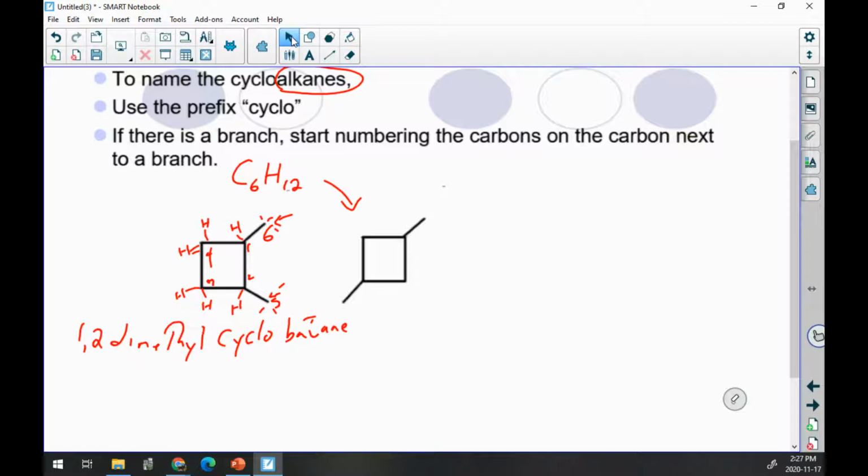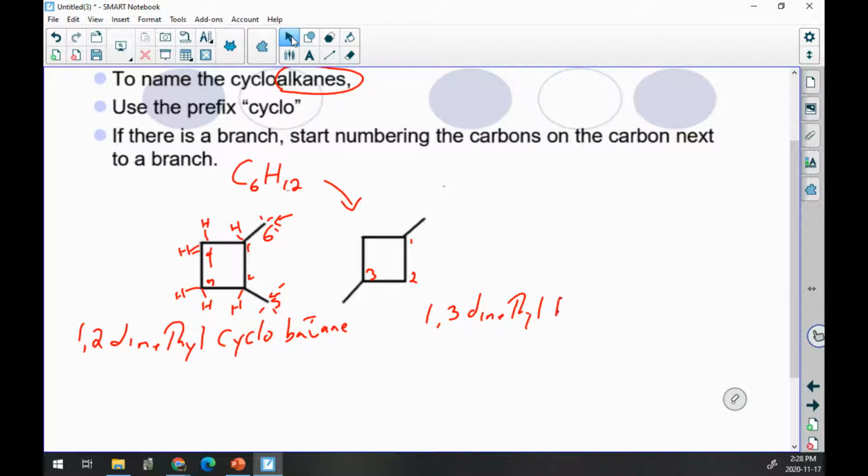This guy here, though, is called... I don't care which direction you go, you're going to end up with 1,3-dimethyl, 2 branches containing 1 carbon off the first and third carbons.